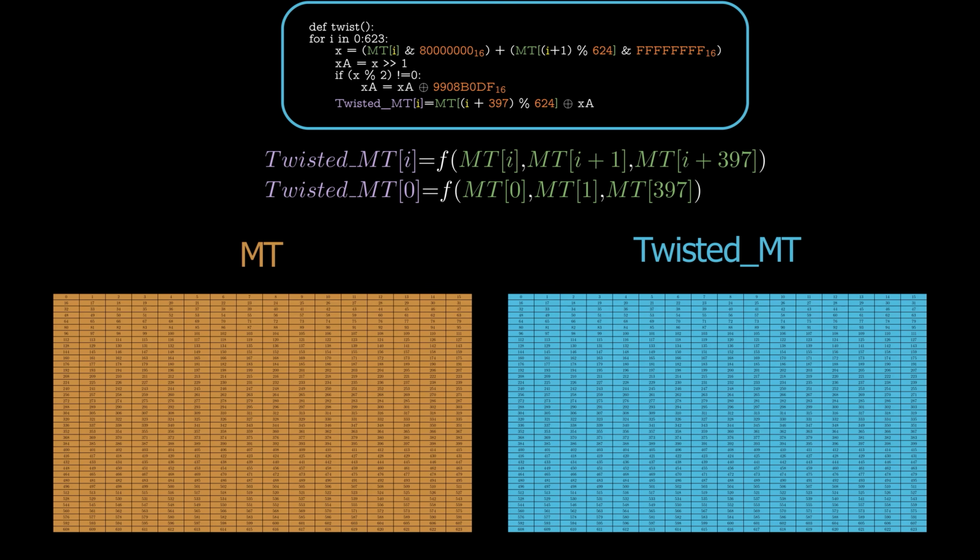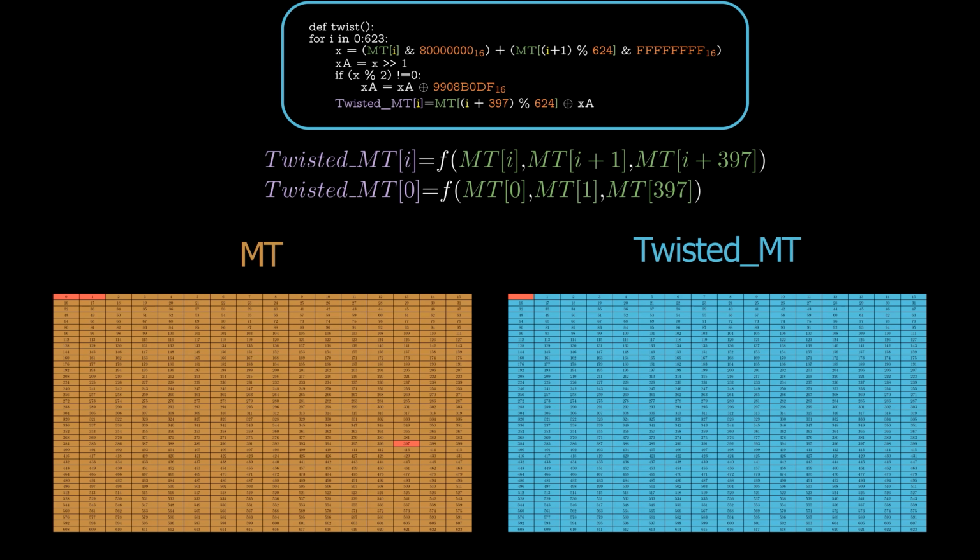Twisted empty of 0 refers to the first cell in the blue twisted empty grid. The number that goes into this cell is derived from 3 values in the yellow empty grid, these being empty of 0, empty of 1, and empty of 397.